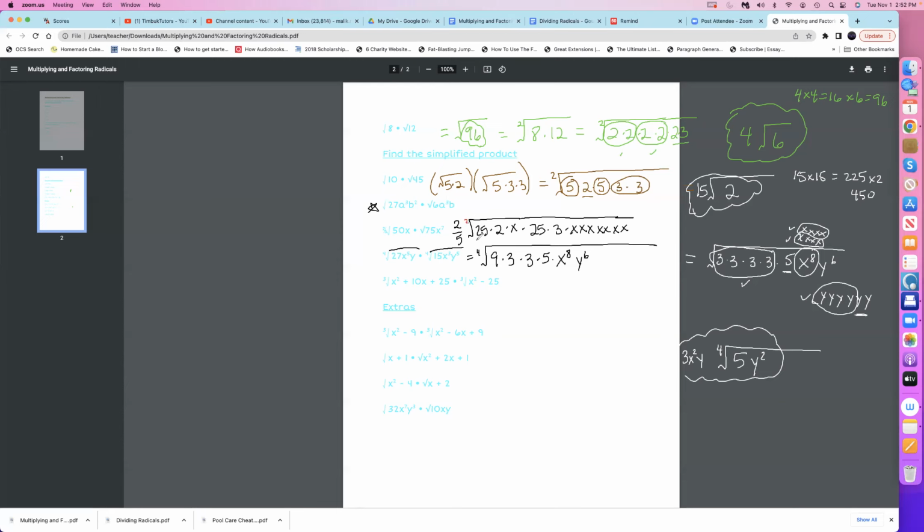I'm looking for pairs. Here is 125, another 25. One set of x, another, a third set, and a 4th set. Left inside is my 6. Inside I have 2 times 3.